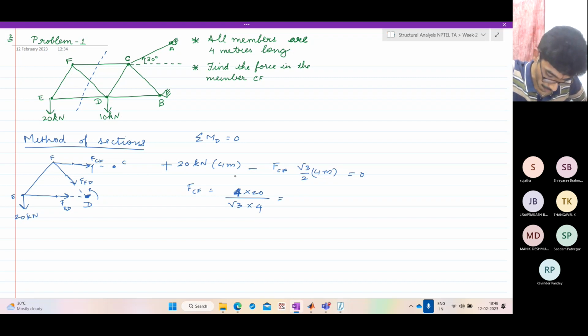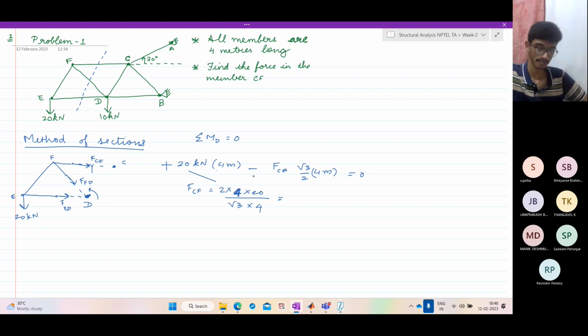There's already a 2 coming from the √3. So this value, if you compute, turns out to be 23.09 kilonewtons. Positive. So we assumed tension and we are getting a positive value. So we have a tensile force in member CF.